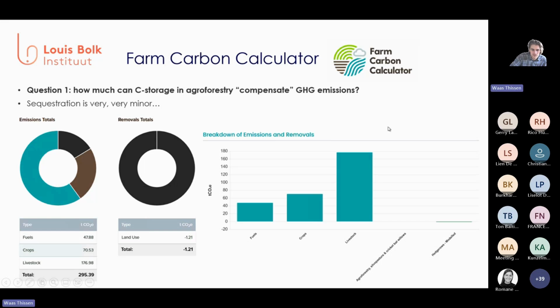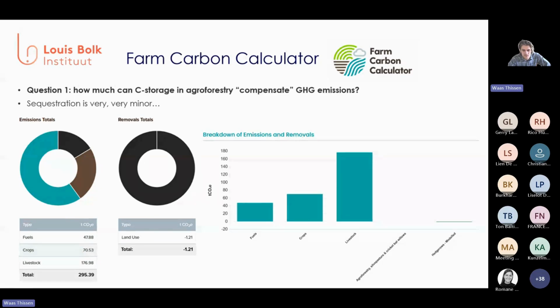One result that we had is, at the moment, the sequestration is still very, very minor. The totals of emissions for our calculation come to 259 tons of CO2 equivalents, and the sequestration is still only 1.2 tons of CO2 equivalent.